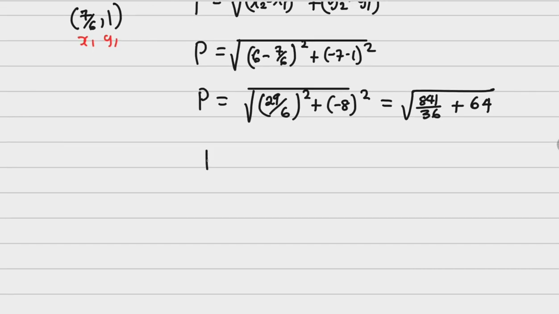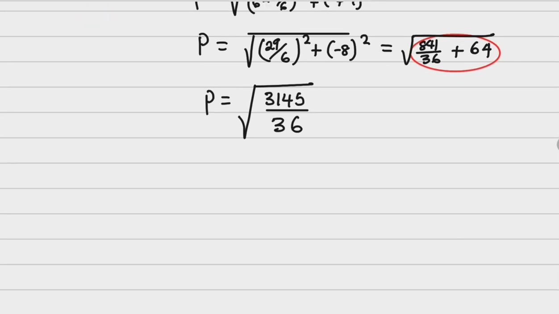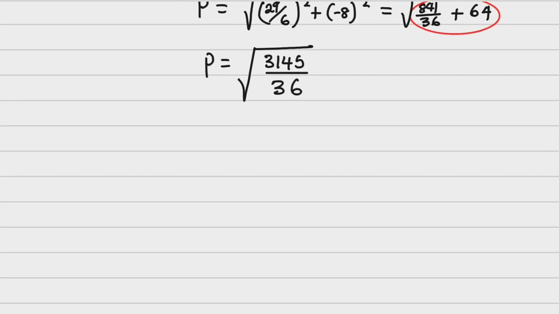Okay, having this and being written well, this is going to be the square root of 3145 divided by 36. And how did I get that? You see, you have to work this using simple knowledge of fraction addition, and you're going to get the answer as you have it there.